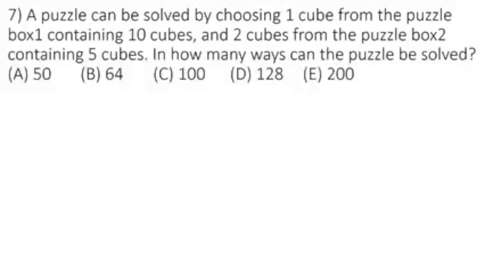From the 10 cubes I can select one cube in 10C1 ways, and 2 cubes from the available 5 cubes in 5C2 ways. 10C1 is 10 and 5C2 is 10, so the final answer is 100. So the answer is C.